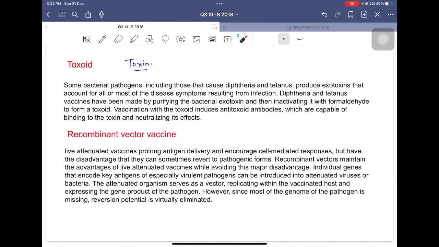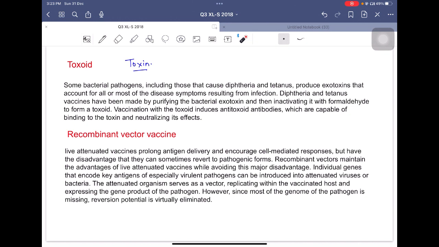That is the most important advantage of recombinant vector vaccines: they can replicate inside the host, prolong the antigen delivery, and also induce cell-mediated responses. But since most of the genome of the pathogen is missing, reversion potential is virtually eliminated. So it should not revert like the live attenuated vaccines.